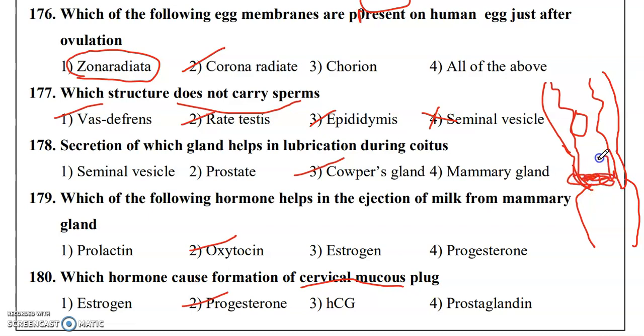A mucus plug is formed in the cervix, called the cervical mucus plug. Once pregnancy has occurred, to prevent the entry of sperms or any other substance into the uterus, the mucus plug is formed by progesterone.